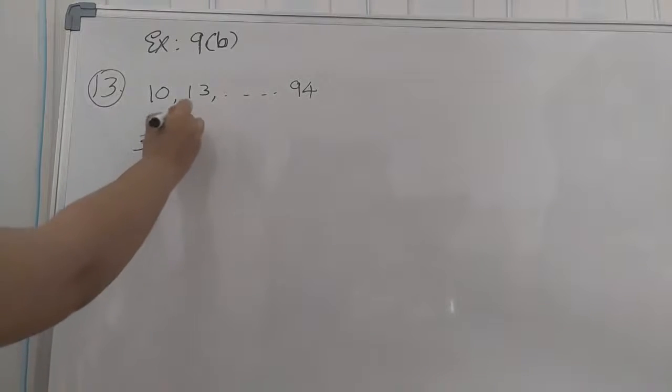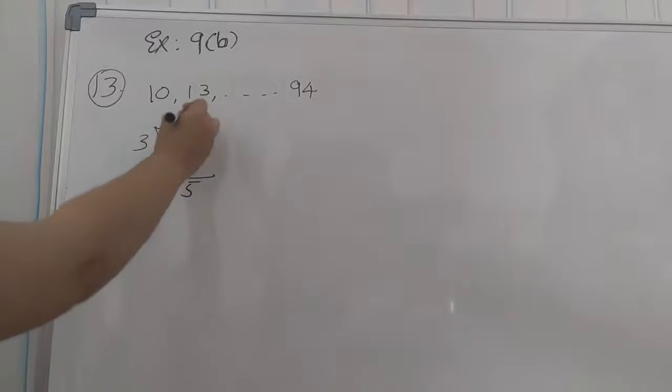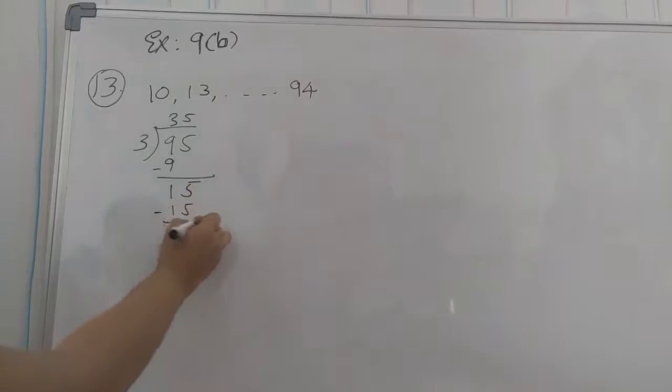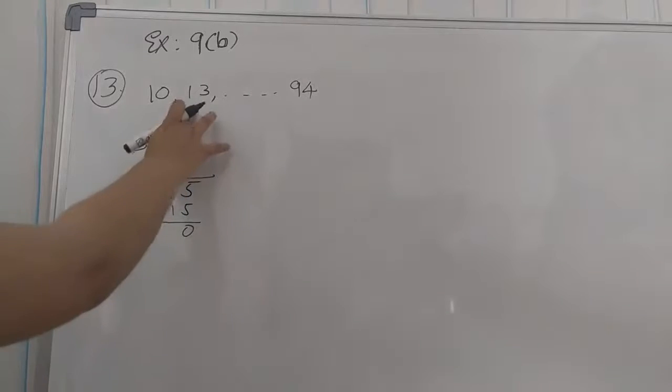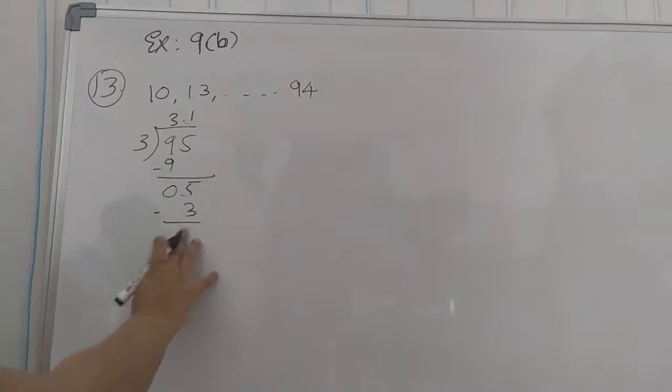I divide it by 3. 3 3s are 9, 1 remains, and 3 5s are 15. Then 3 1s are 3, so here 2 remains.